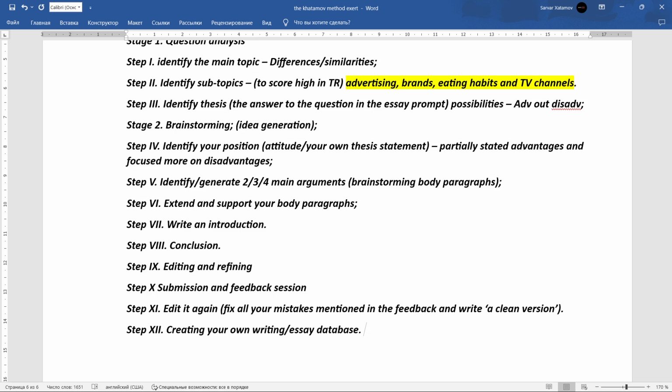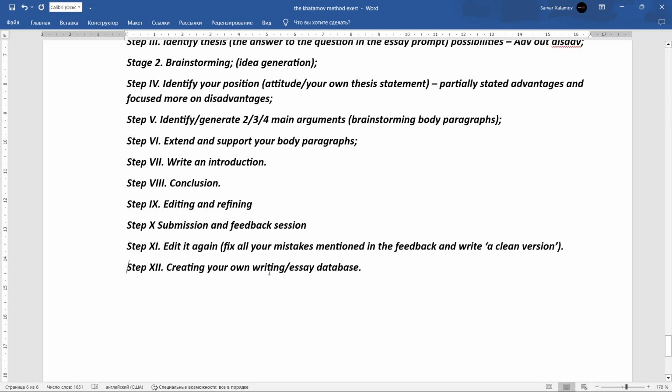I'm sorry, I have to change my position here. Basically, many people stop at stage 10, but there are 2 extra steps to it, right? So creating your own writing or essay database: if you write by hand, make sure you get a clean notebook, or it doesn't really matter.